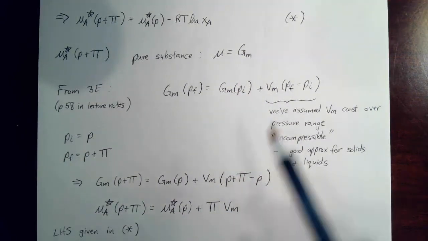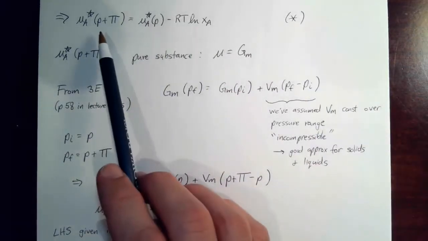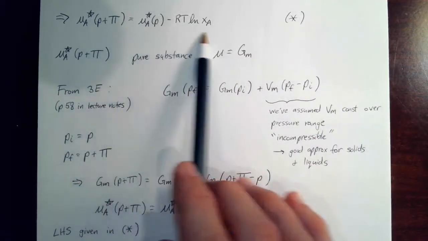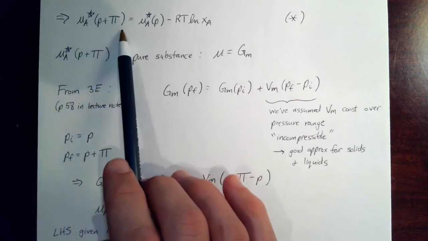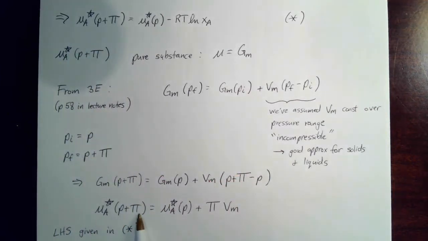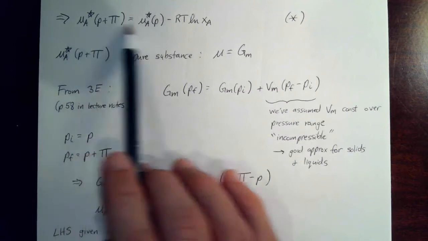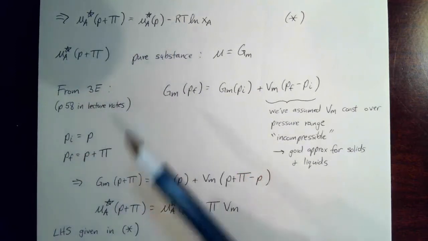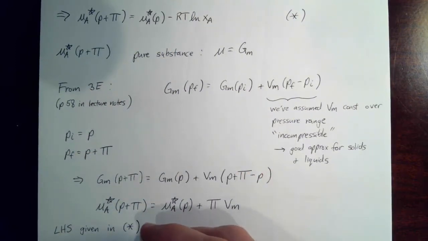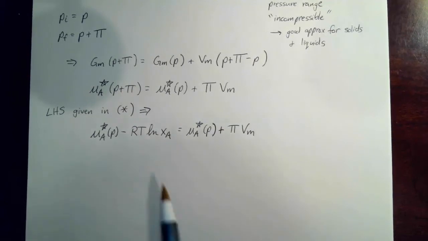All right, and now here's where I'm going to go back and use this formula that I labeled star, because I have a formula here for mu A star at P plus pi. That's my left-hand side right here. So the left-hand side of this is equal to this. So now let me put that together, and we get, all right, so this is what we get.